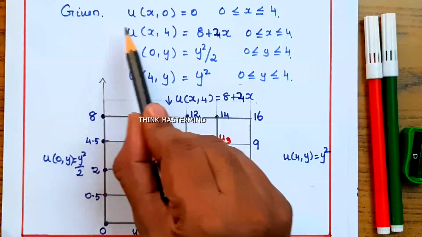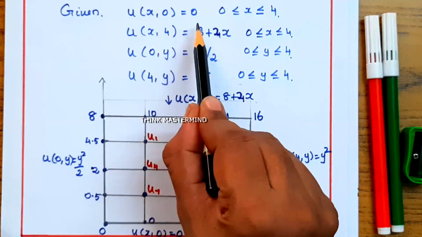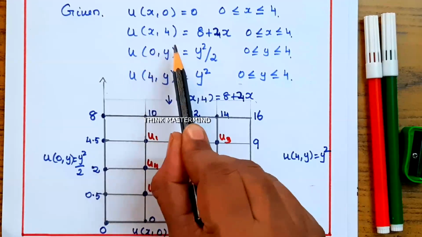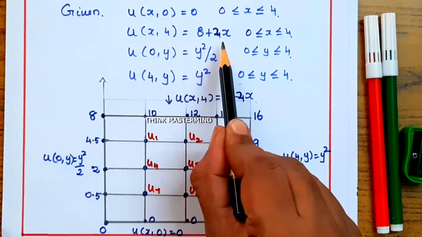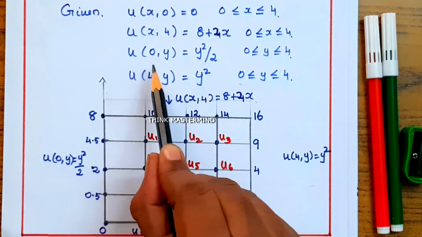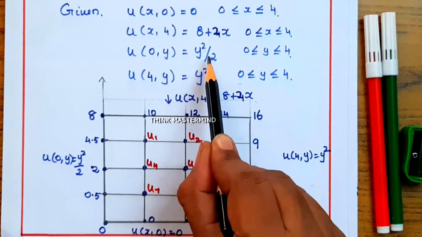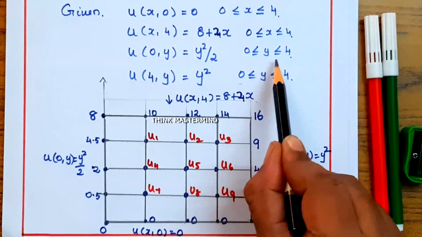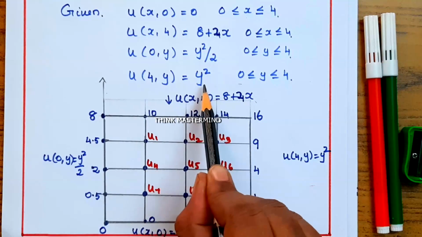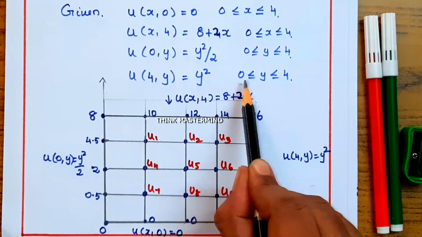From the problem given, u of x comma 0 is equal to 0, where the x range is 0 to 4, u of x comma 4 is equal to 8 plus 2x, where the x range is 0 to 4, u of 0 comma y is equal to y square by 2, the range of y is 0 to 4, u of 4 comma y is equal to y square, the range of y is 0 to 4.